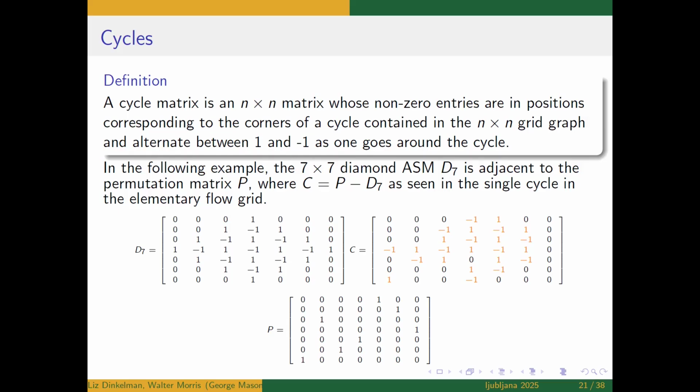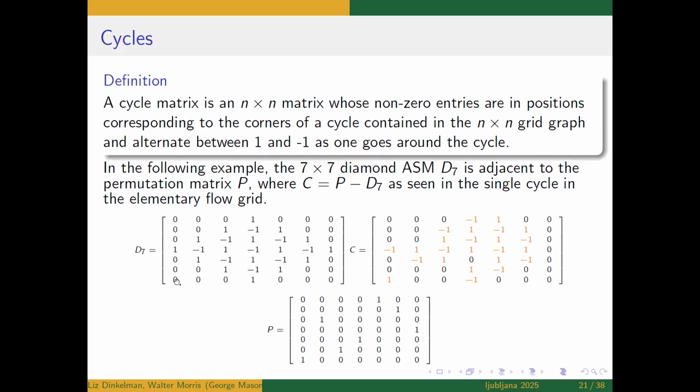And it's adjacent to permutation matrix P. You'll notice these ones here and here and here are not in P, and they appear in D7, and then the 0 gets changed to a 1.